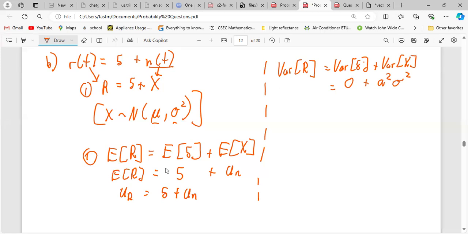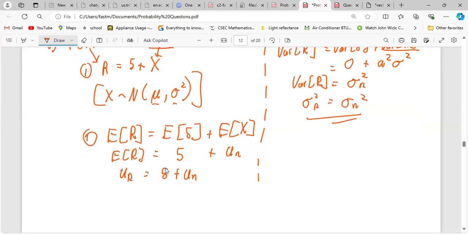Since A is 1 most of the time, you'll just end up with sigma squared N. Remember, this is for noise, right? This part here is the noise. So you have the variance of R, or var R, and basically now we end up with sigma squared R equal to this here.